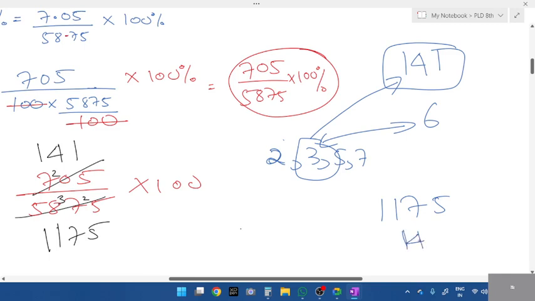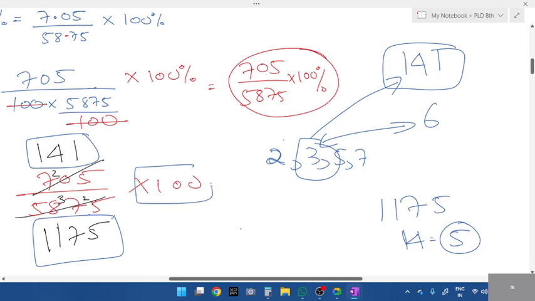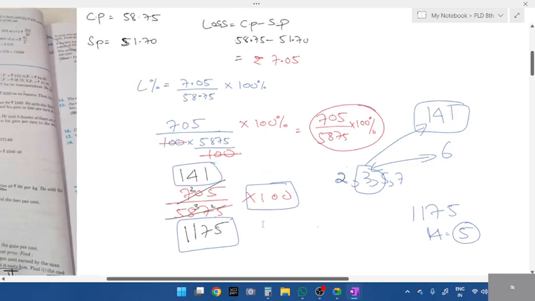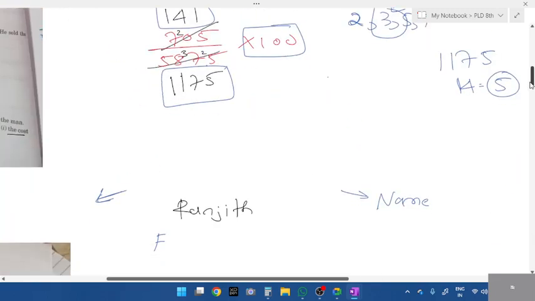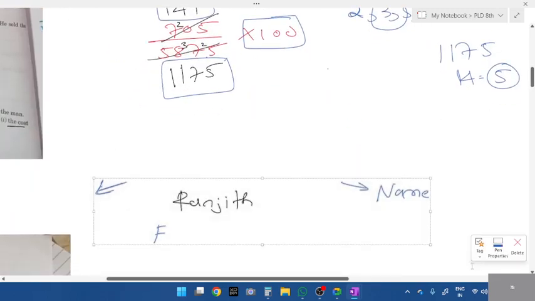What is 4 plus 1? 5. Is 5 divisible by 3? Alright. So this 141 you can cancel by the 3 times table. But can 1175 be cancelled by 3? No, right? Then take 1175 and 100. Which times table can you cancel? 5. Right? Did you understand how to use 2 and 3?